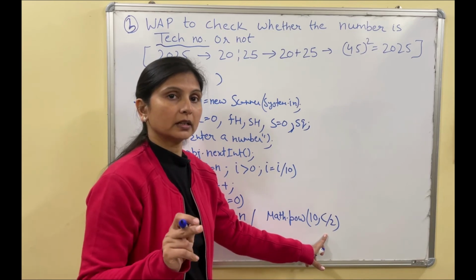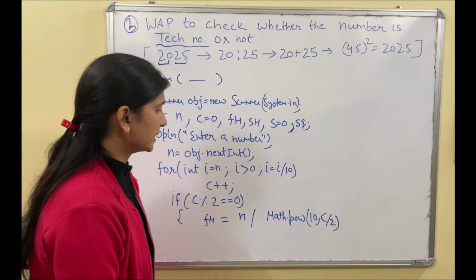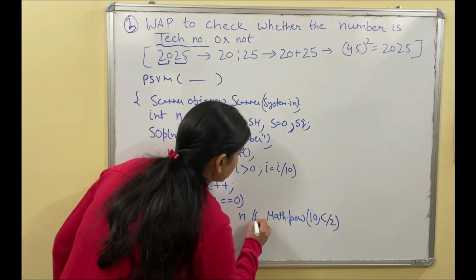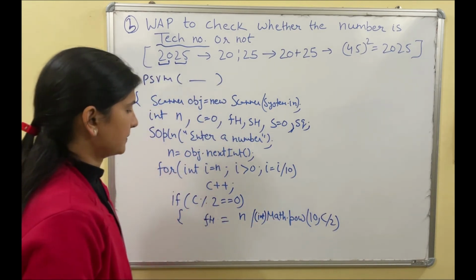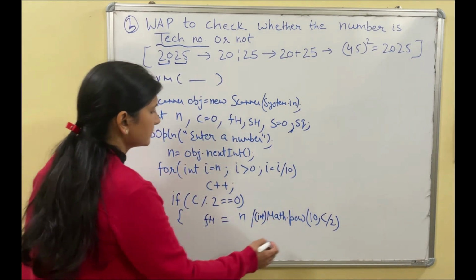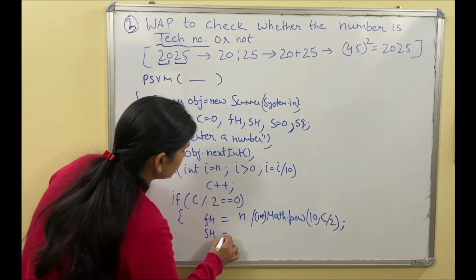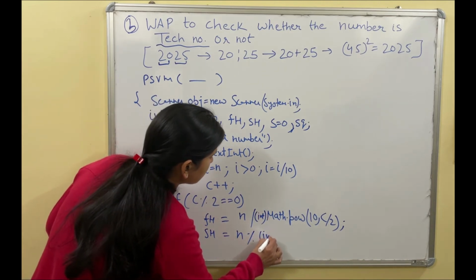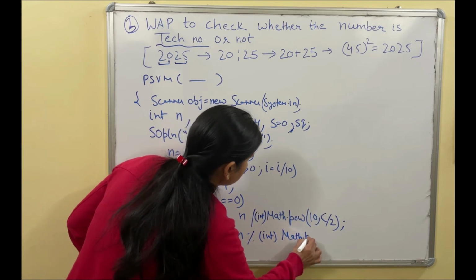So 10 comma 2, 10 raised to power 2 is 100, right? As it returns a double, we will typecast into int. Fine. Same way, second half, sh equals n mod, we'll typecast into int, Math.pow.